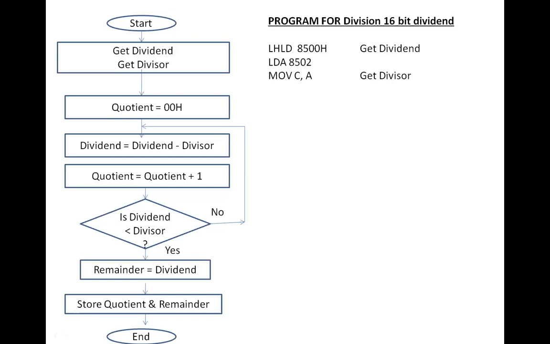Suppose the C register is used for that purpose. And then we have to take the quotient. For the quotient, we are taking the D pair, and since it has to be initialized, 0000 is placed in the D pair. This D pair will give you the information about the quotient.